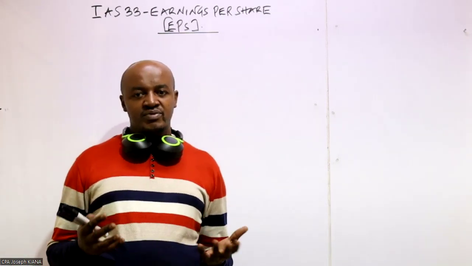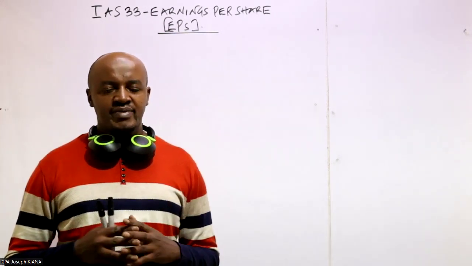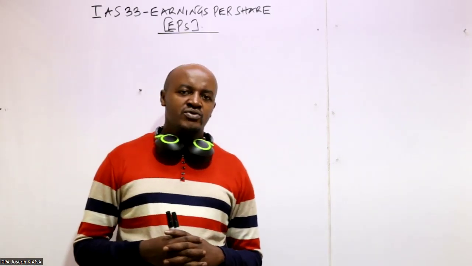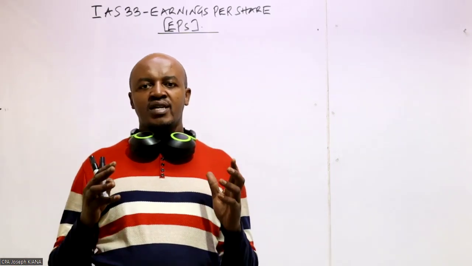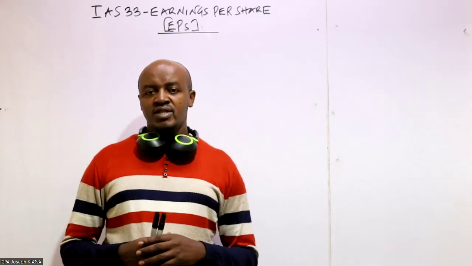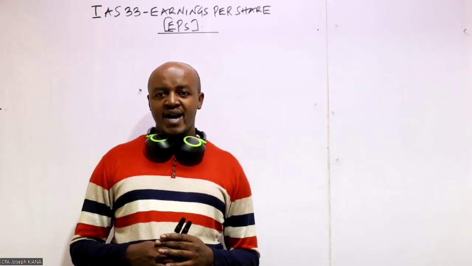To start with, we need to define what is earnings per share. When we talk about earnings per share, popularly known as the EPS, this refers to the amount of earnings, or basically the amount of profit, which is attributable to each equity or ordinary share which has been issued by the company.